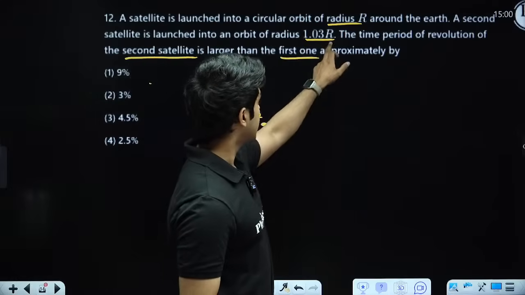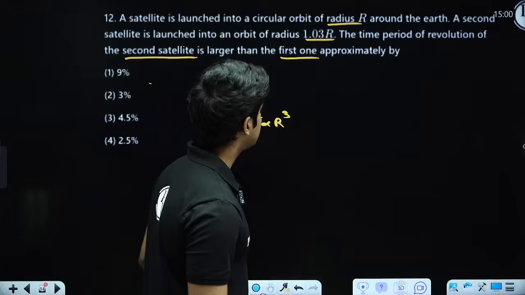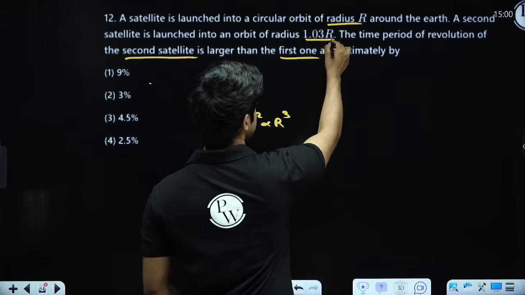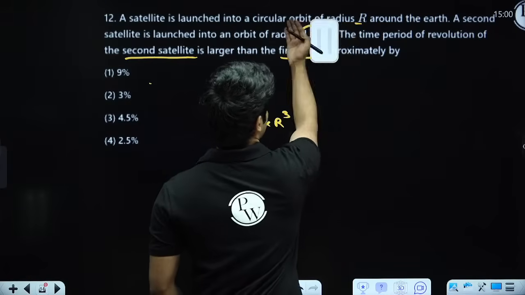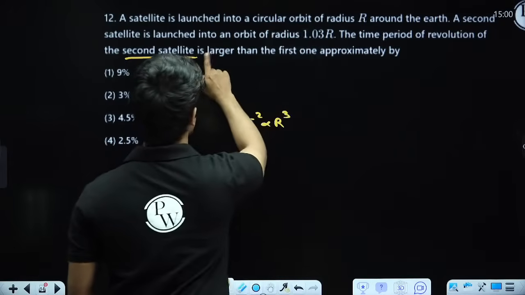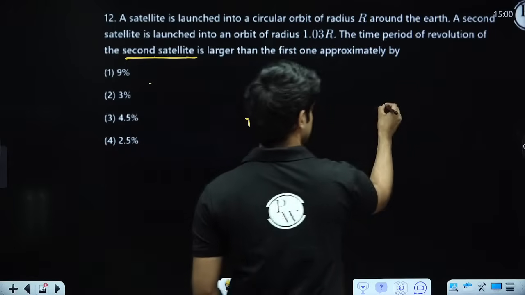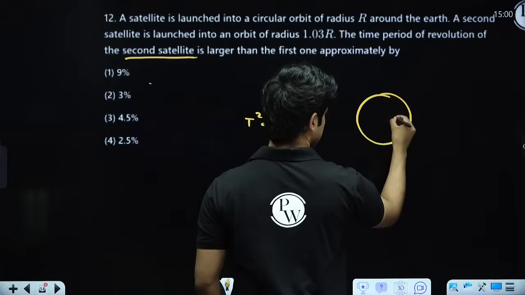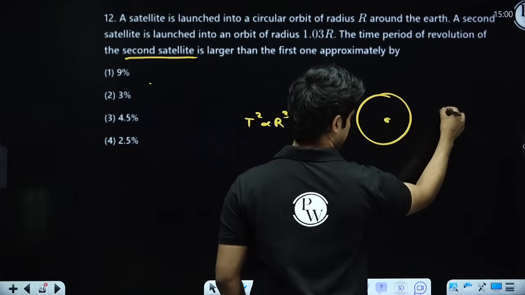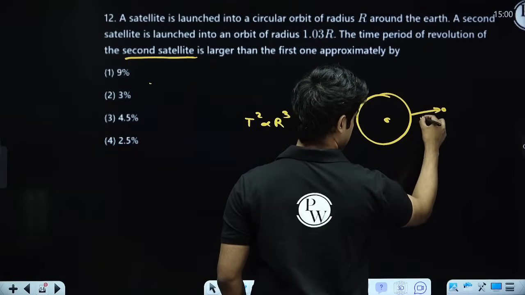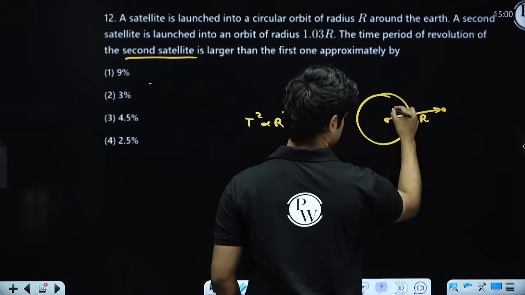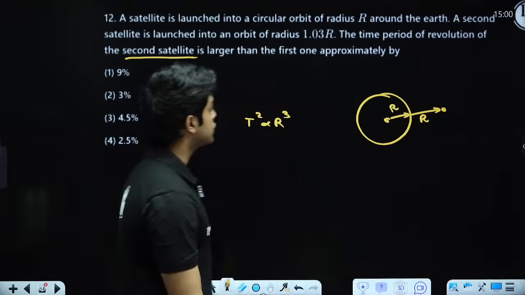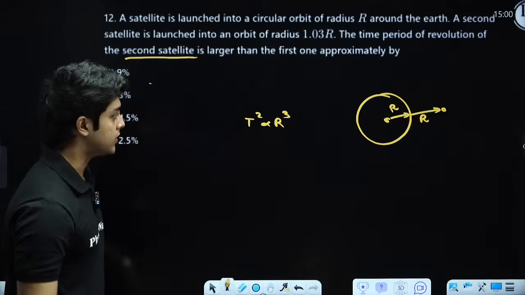So the second satellite is at a distance of 1.03 r from the surface. If this is the Earth, the first satellite is over here at a distance of r. So this is also r. So this question is basically an application of this formula itself.